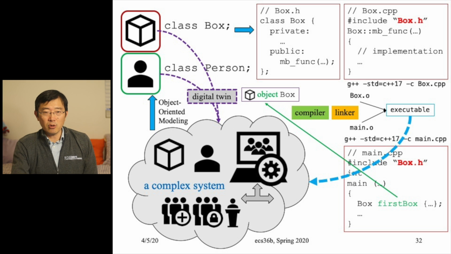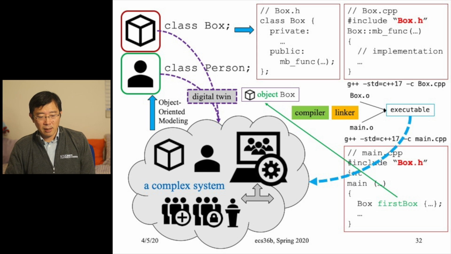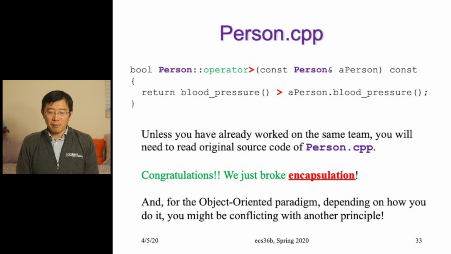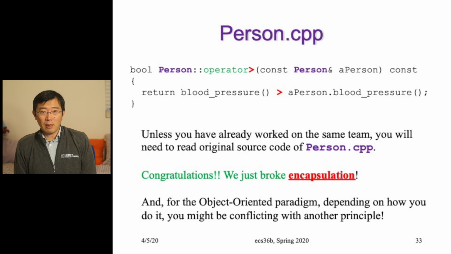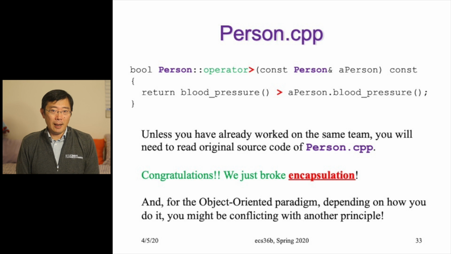In order for you to use person.h appropriately, because they're using operator overloading, I have to give away person.cpp. So in some sense, I'm sorry, because of this, we broke the principle of encapsulation. We violate the principle of encapsulation in order to support operator overloading.